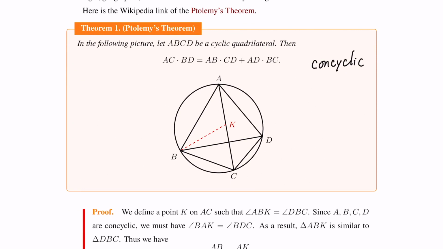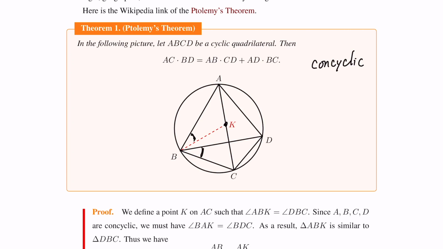Of course, we use similar triangles to do the job, but there are some techniques, so that you use different criteria to determine the pairs of similar triangles. Here's the idea. We define a point K in the interior of AC. How to define such a K? K is defined so that angle ABK is equal to angle DBC.